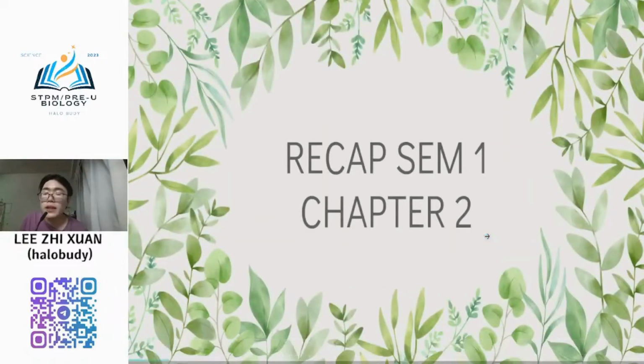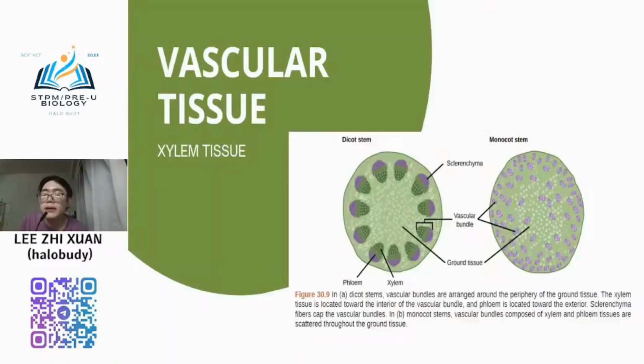Okay, so normally if you want to learn about transpiration and translocation, you need to know about the xylem, the vascular tissue. Because vascular tissue plays the important role to transport the water and also organic nutrient. If you imagine in humans, it is like blood vessels, because in humans our transport system is the blood circulatory system and also the lymphatic system, right?